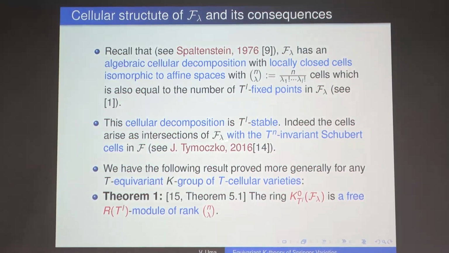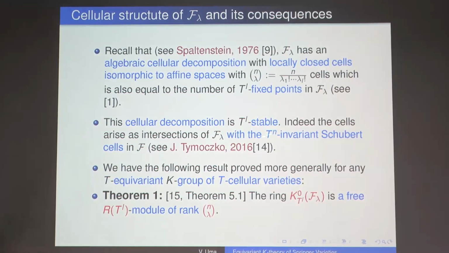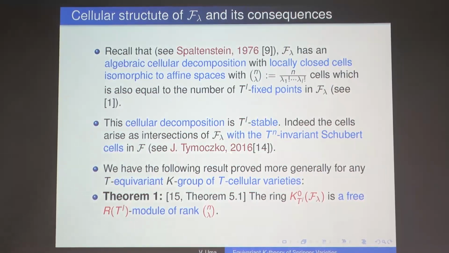In fact, the cells here are intersections of the cells of the full flag variety with the Springer variety, and they do arise as intersections. This result can also be found in the notes by Julianna Tymoczko, and it is also there in Spaltenstein's paper.